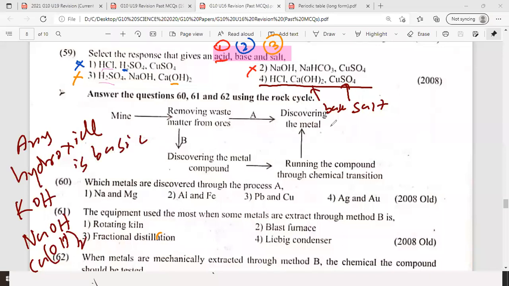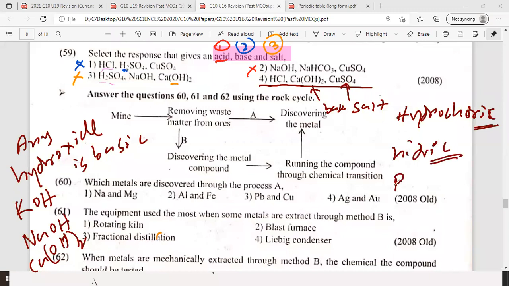And most of the acids end in ic. Hydrochloric, acetic, nitric, phosphoric, ethanoic acid, ending in ic. Vinegar, ethanoic.